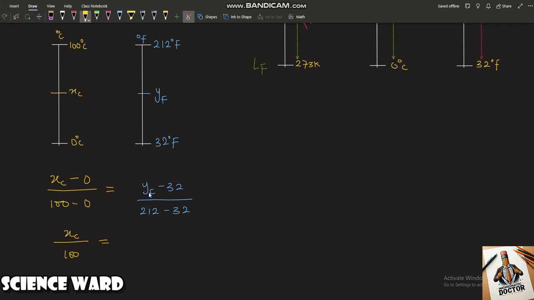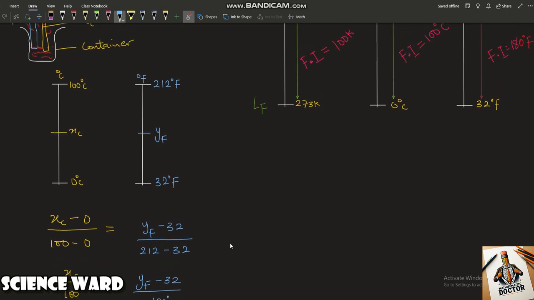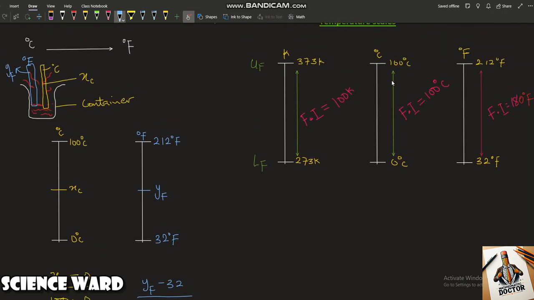And this will be equal to YF minus 32 over 212 minus 32, and that will produce 180 degrees. Did you notice that the 180 degrees in here and the 100 in here are definitely the fundamental intervals of the degree centigrade scale and the Fahrenheit scale?